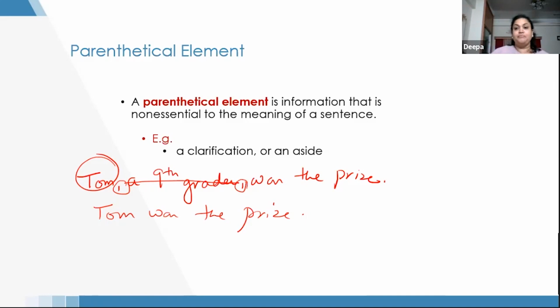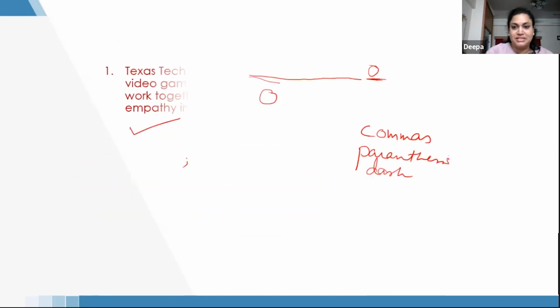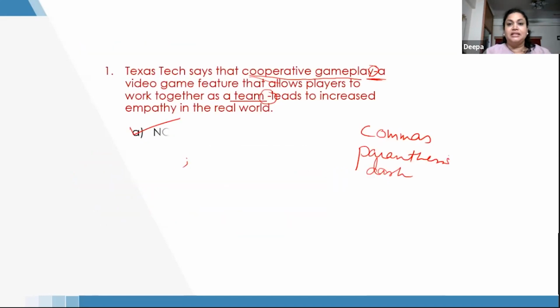We cannot do that. But we can definitely remove it if the subject is being described.